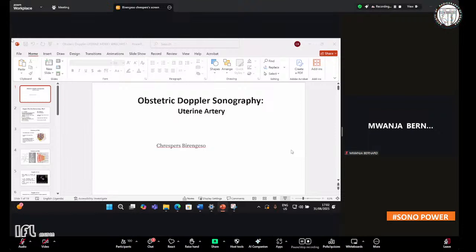So we have pitfalls that happen with the uterine artery, and some of these could be conditions that can give us a low resistance waveform in the uterine artery. Some of these can coexist with pregnancy, and some cannot.